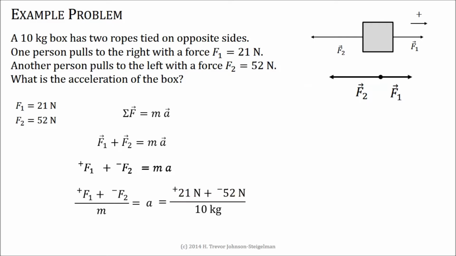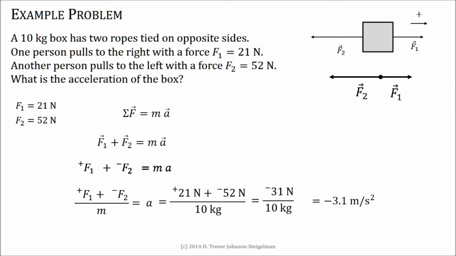The negative sign is coming from the form of the equation. Do the subtraction first and then do the division, and I end up with a negative number right from the algebra, negative 3.1 meters per second squared. Remember, newton per kilogram is an acceleration, so that's meters per second squared.